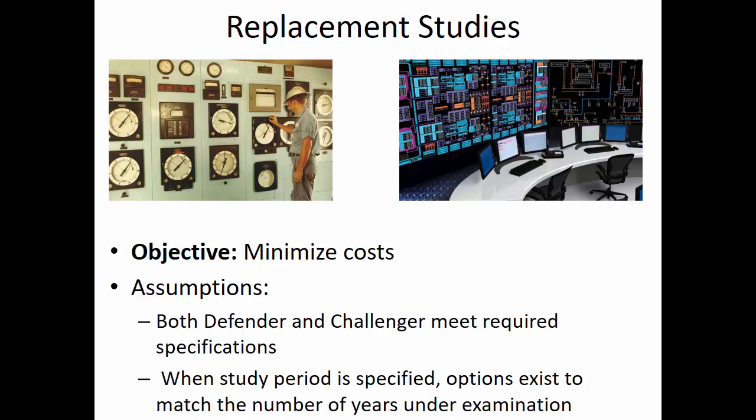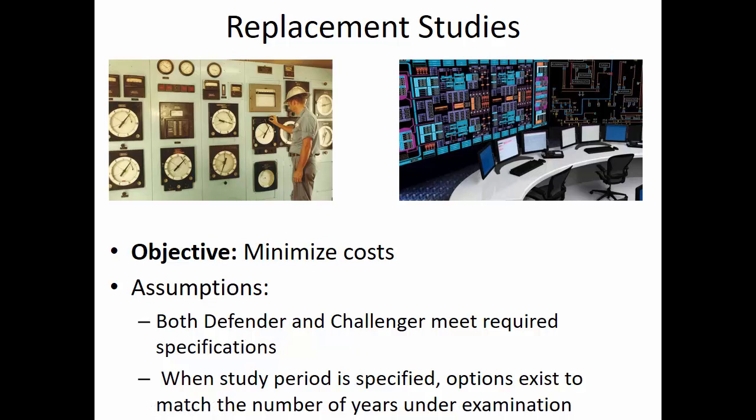And when you're conducting a replacement study, your primary objective is to minimize the cost of alternatives. And what we assume is that both alternatives are able to meet the required objectives. By the way, if you're not watching the lecture, some of the things in here may be important a little bit later when we're working on the in-class exercise.